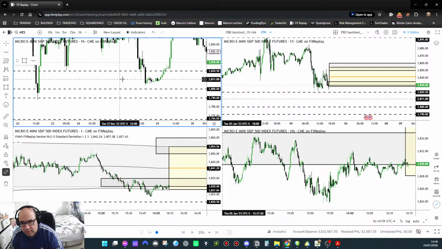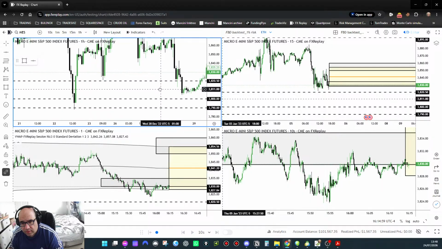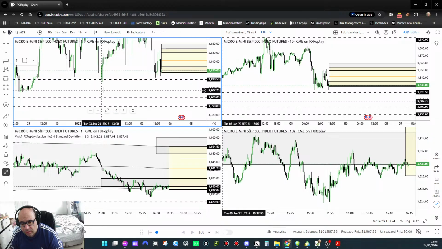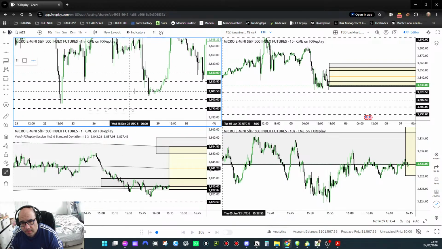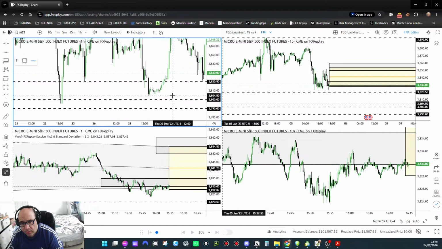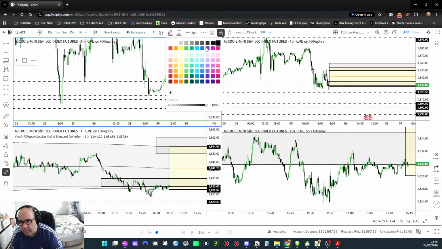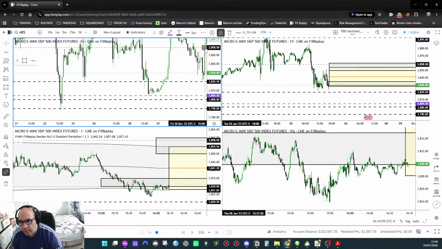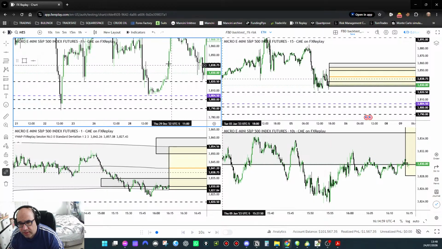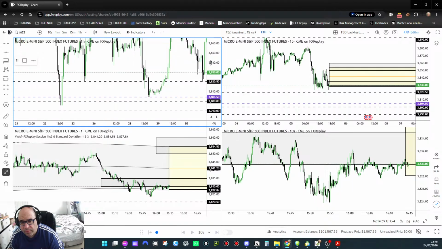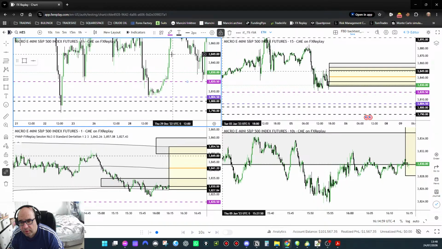Anyway, I'm gonna mark the lows with another line. I'm gonna make this line purple. So I know it's a low, it's not the Mancini lows, it's just the swing low. And this one I'm gonna make also purple.